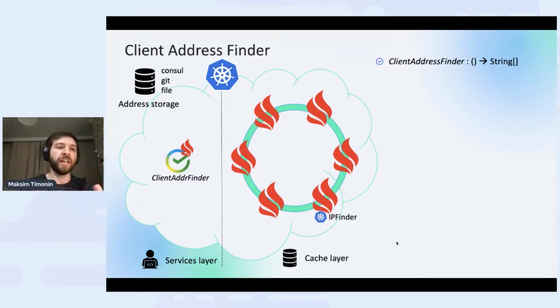For example, you can have some external storage. It can be Consul, it can be Git, or it can be some file in a distributed file system. The only goal of this storage is to track the actual state of your cluster.